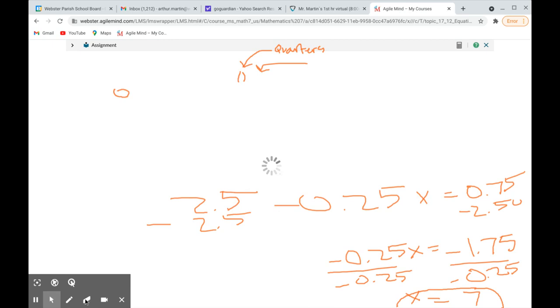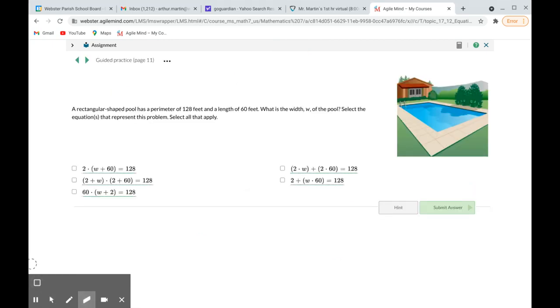All right, let's look at number 11, see if it's any easier. All right, so looking at number 11, Destiny, read this one for us. A rectangular pool has a perimeter of 128 feet and a length of 60 feet.